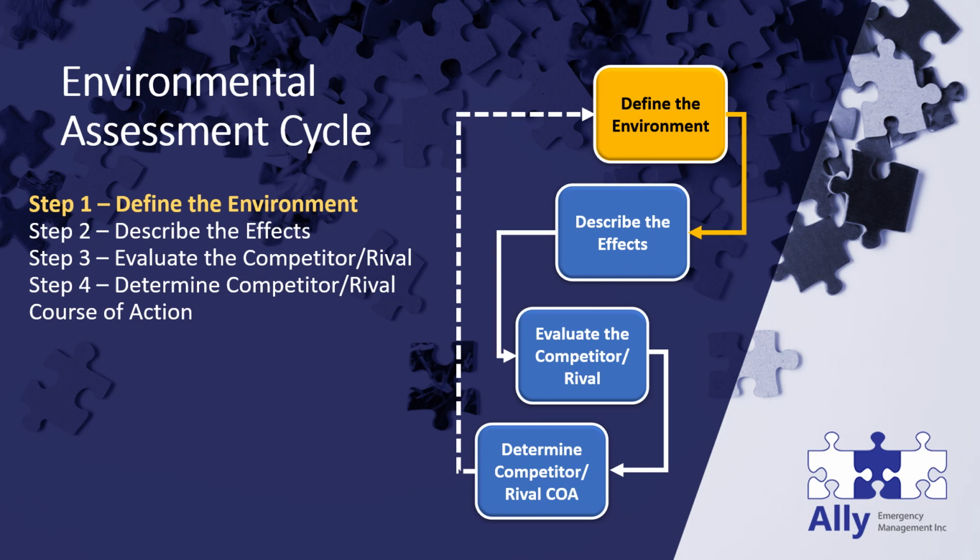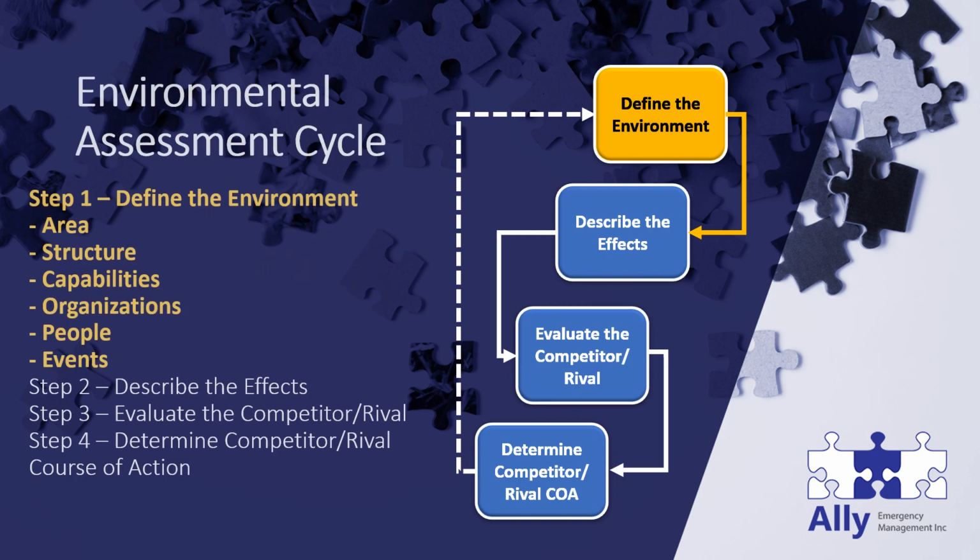The aspects you choose will depend on the problem you're trying to solve and which of these various aspects might affect your likelihood of success. There are a number of different categories, and I've listed these 6: area, structure, capabilities, organizations, people, and events that hopefully will get you started in thinking about some of these environmental factors.